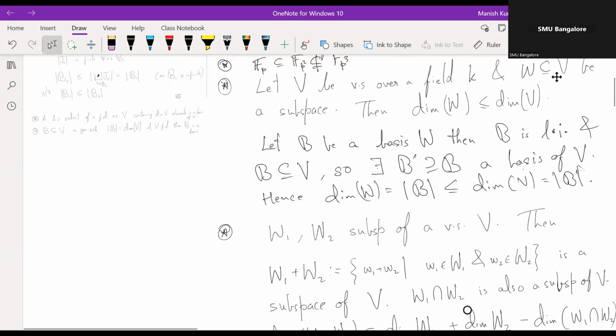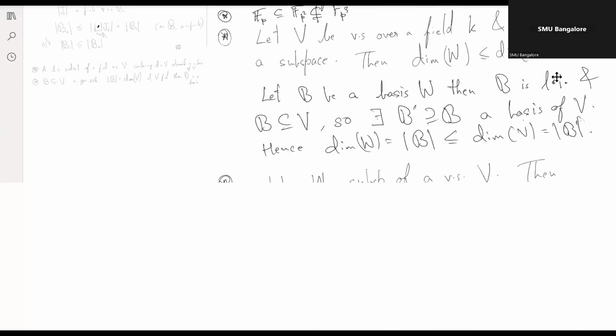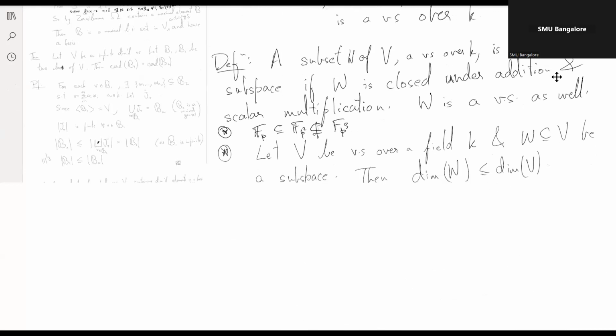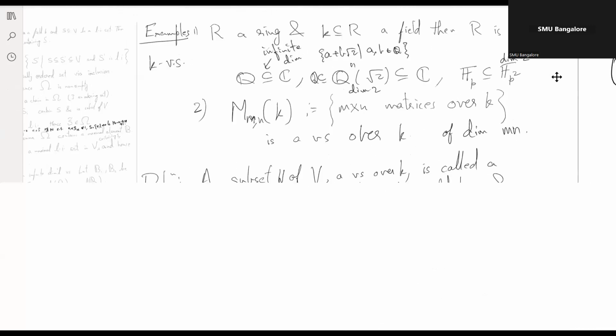Then this is of course a subspace, because if you take any two such elements, little w1 plus little w2 and little w1 prime plus little w2 prime, then their sum is also of that form. So this W1 plus W2, as a subset of V, is closed under addition and of course closed under scalar multiplication as well. So it is indeed a subspace of V.